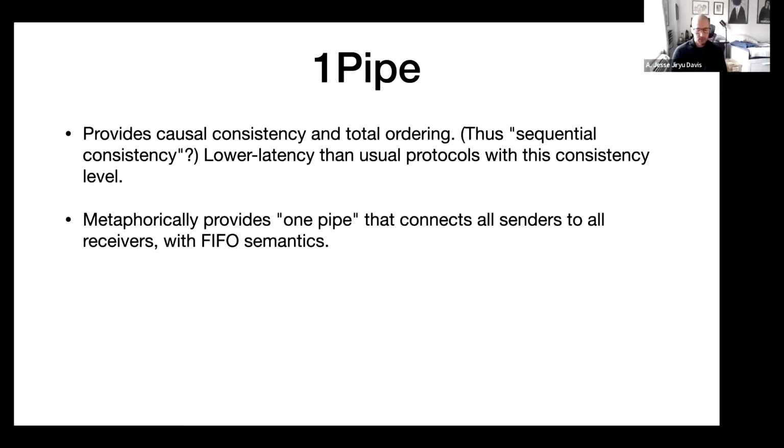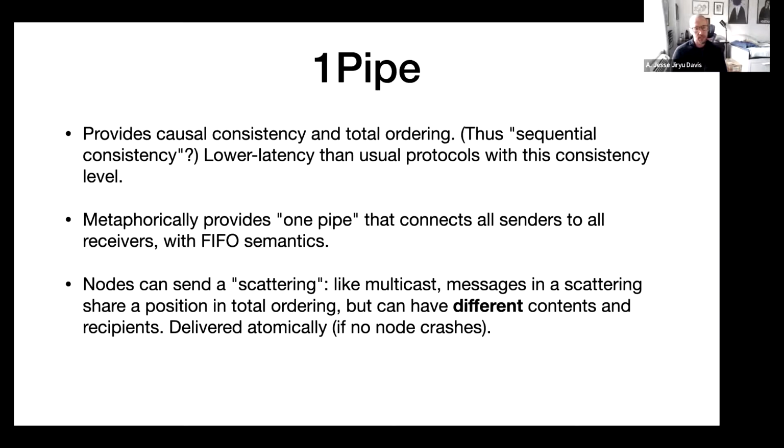Besides these total ordering and causal consistency guarantees, it also has a neat feature called a scattering, where one node can send messages to many other nodes. It's like multicast, but messages in a scattering share a positioning in the total order. So they all have the same timestamp, but they can have different contents and different recipients.